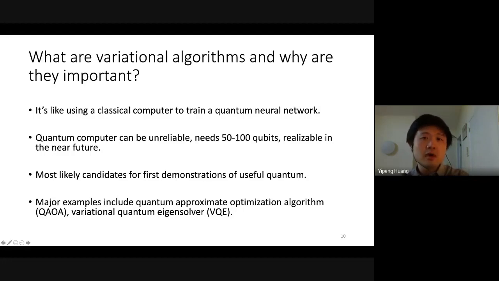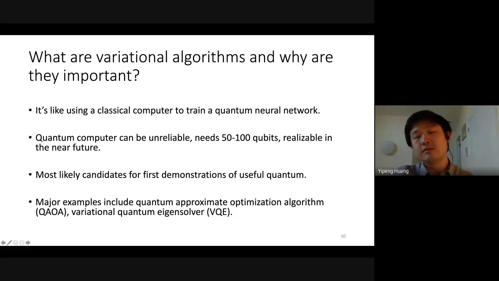Furthermore, we only need on the order of 50 to 100 qubits, at which point we may see useful applications. With only 50 to 100 qubits, you can start evaluating interesting models for molecule properties that classical simulations would just not be able to solve. These would probably be the useful cases in the near future.